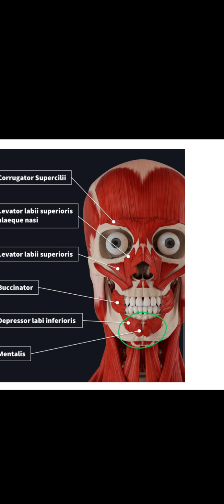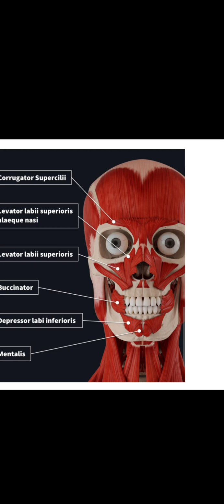Now, talking about the mentalis muscle. You can very clearly see over here, this is the mentalis muscle. As you can see, it receives its origin from the mandible. This is the entire mandible, and it receives its origin just inferior to your incisor teeth.